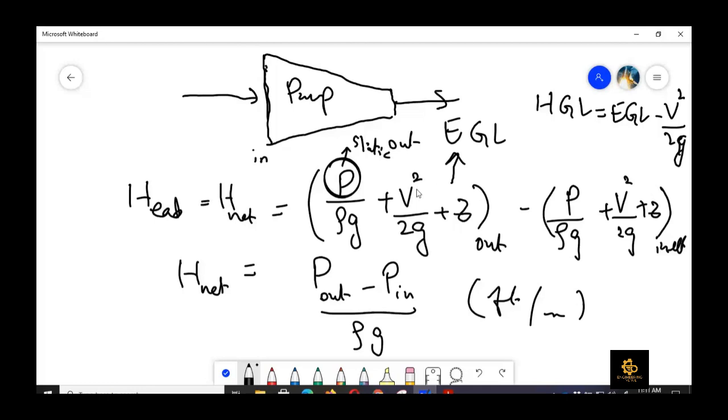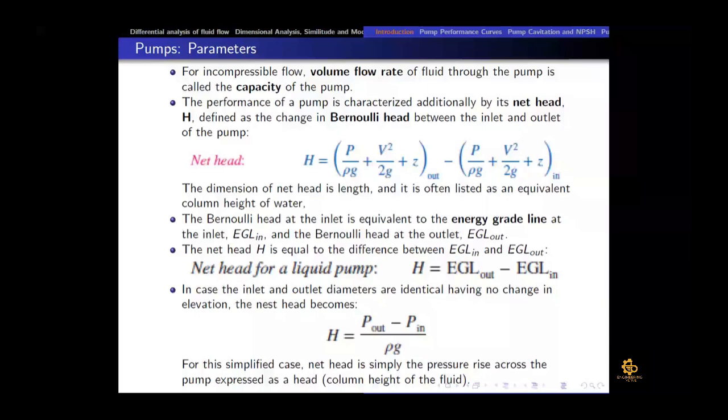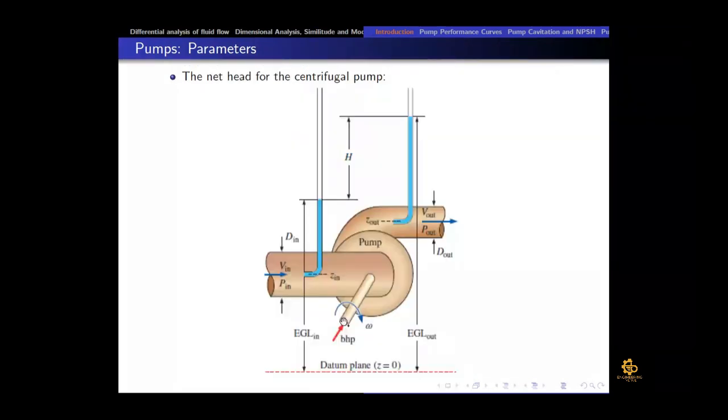Let me show you what we are talking about here. The energy grade line at out minus the energy grade line at in. If I show you the figure here, we have a kind of reciprocating pump. You can see that the energy grade line at the inlet is this line up to here, right?